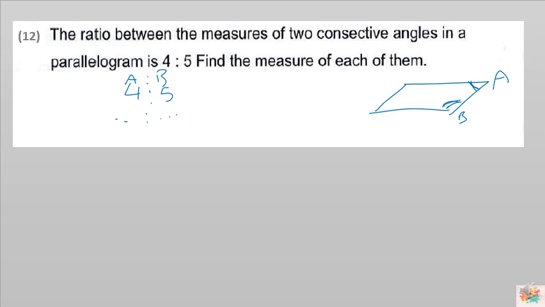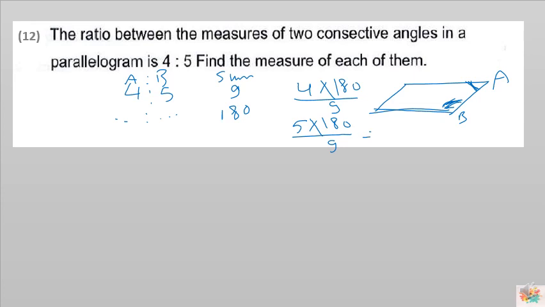And I have another piece of information, I know that the sum of two consecutive angles is 180. So I add 4 plus 5 equal to 9. Then we start to get A: we do 4 by 180 divided by 9, and we do 5 by 180 over 9. So the first one will be 80 and the second one will be 100.